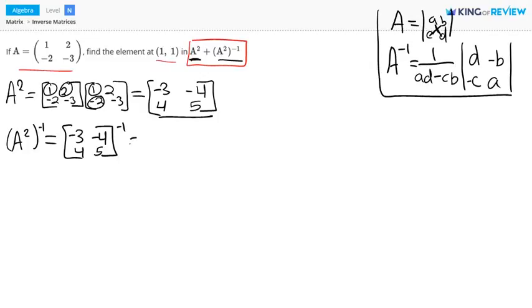Let's apply that here. We want to find 1 over the determinant, so we have negative 3 times 5 minus 4 times negative 4. And this is times the matrix. Now, negative 3 and 5 are going to switch positions. So we have 5 and negative 3. And then we have 4 and negative 4 here.